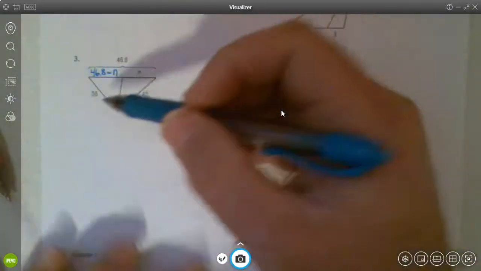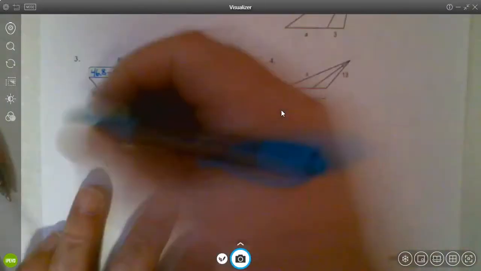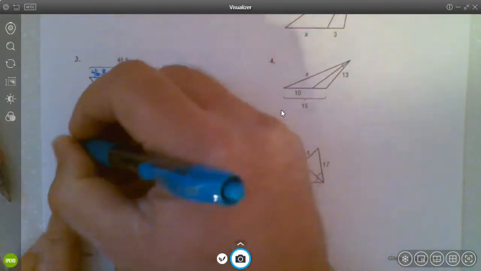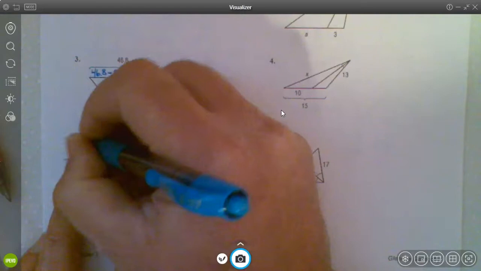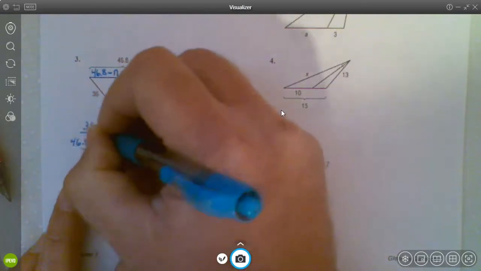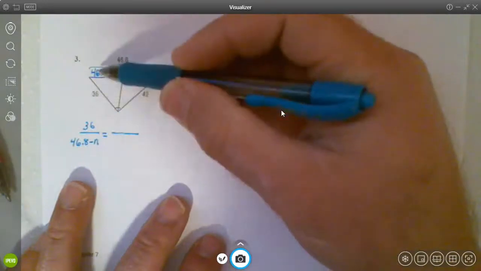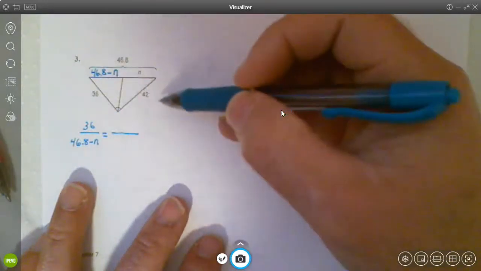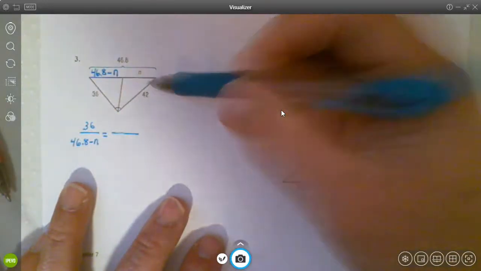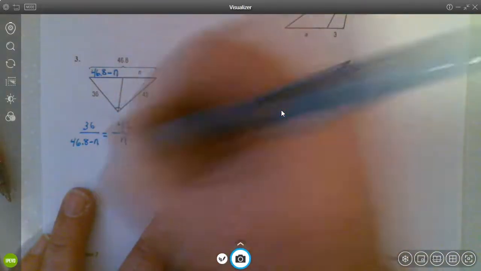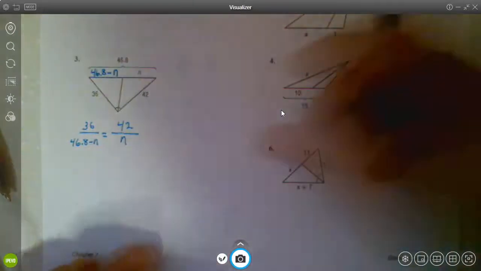I could say something like 36 over this. So I did bottom over top. So on the other side, I need to do bottom over top, 42 over n. And I'm right back to cross multiplying.